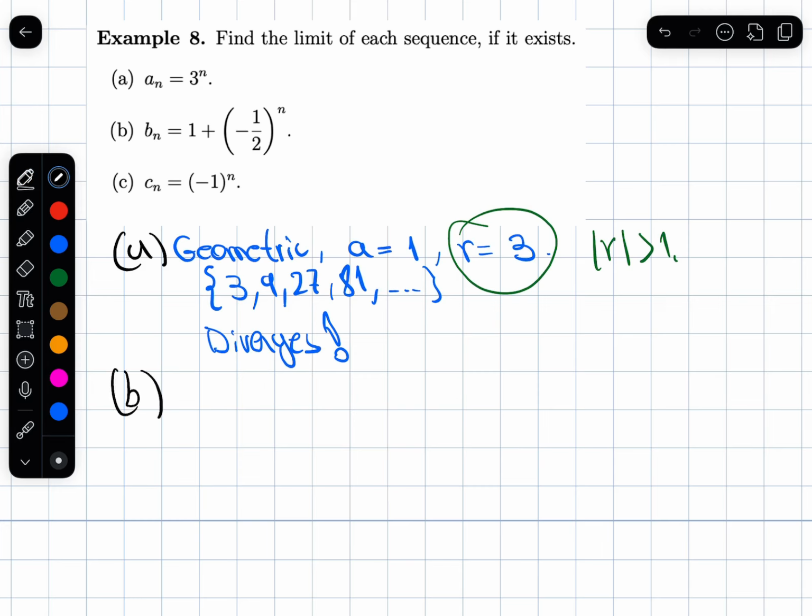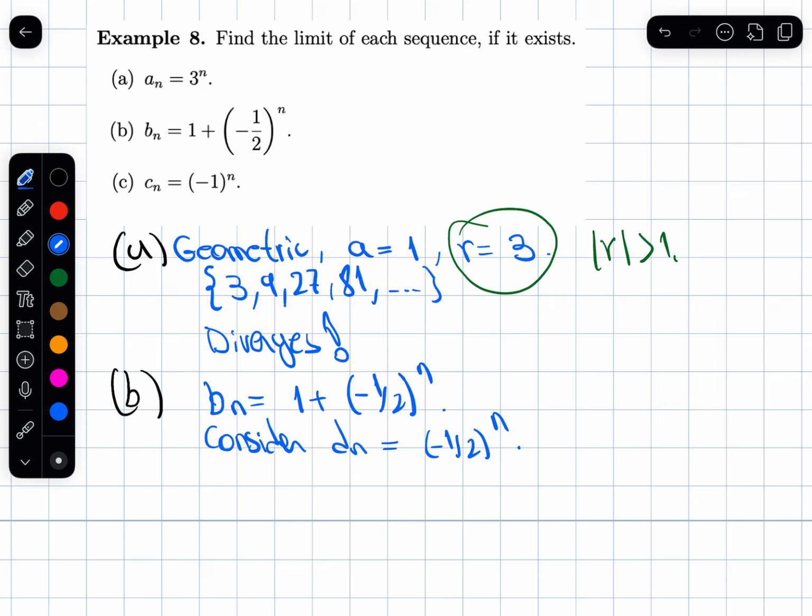Now the second sequence is not geometric per se. b_n equals 1 plus (negative 1/2) to the power n. But if I consider d_n equals (negative 1/2) to the power n, without the plus 1, d_n is geometric with the ratio r equal to negative 1/2.